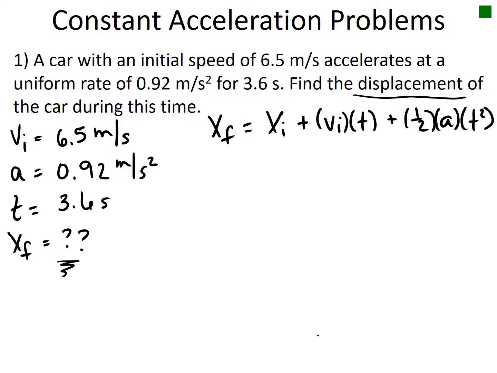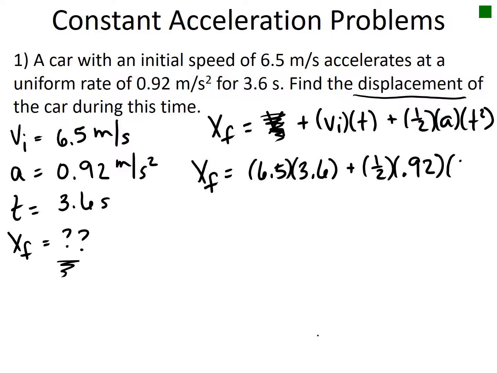Now remember that in 95% of the cases, XI is equal to 0, so that's going to go away. So now we know VI, we know A, and we know T. We can find XF without having to go through any other equations.